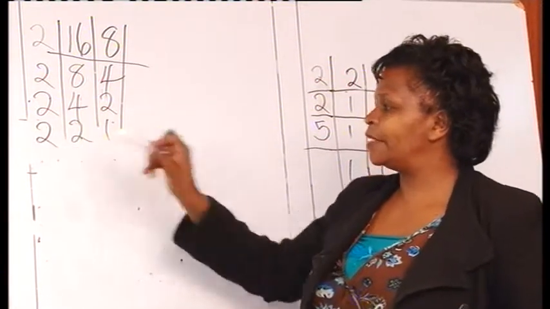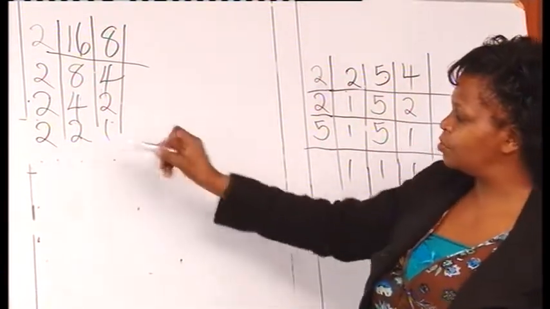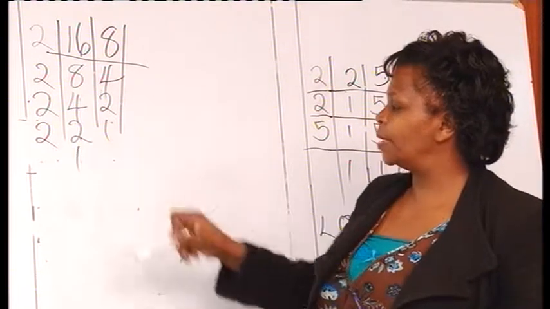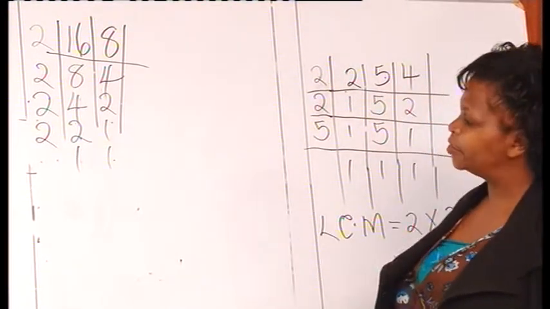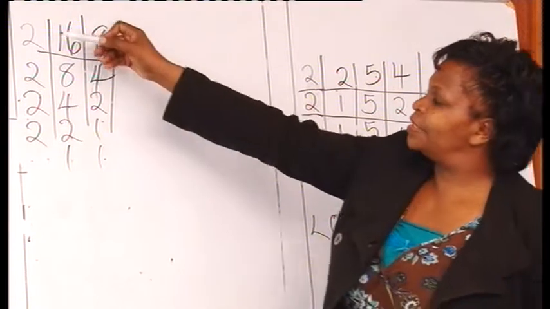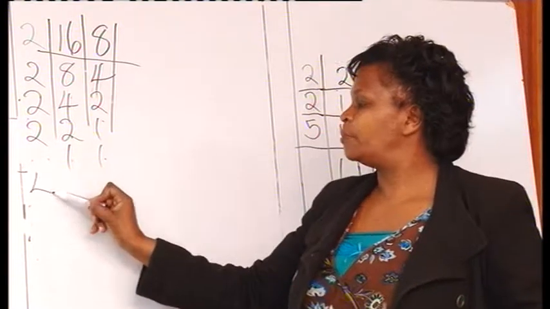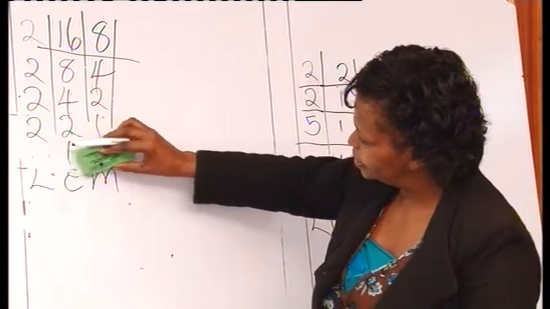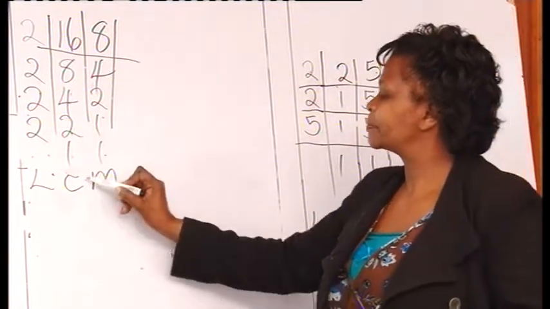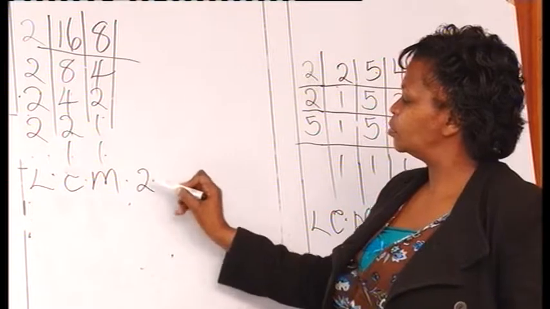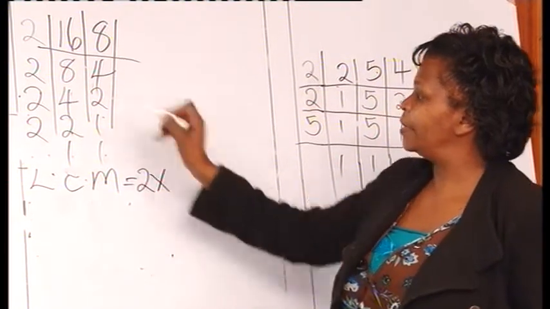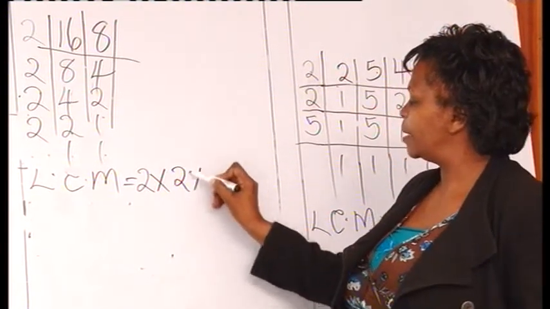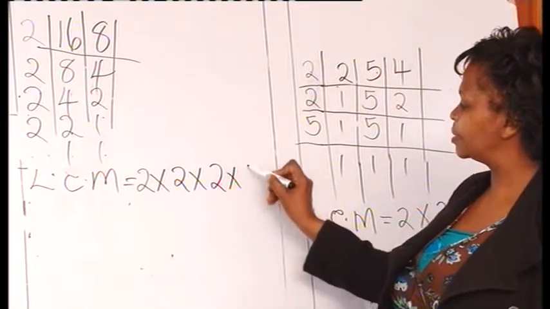Then I divide by 2 so that I can also eliminate the 2. 2 divided by 2 is 1, and I've also finished with that. So the factors that will help me get the LCM are 2, by the next 2, by the next 2, and my next 2.